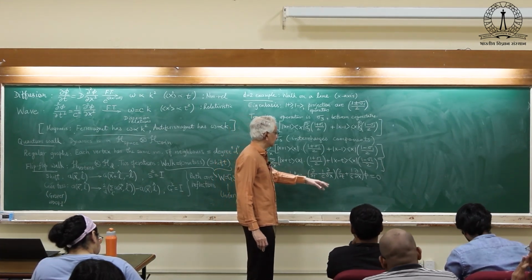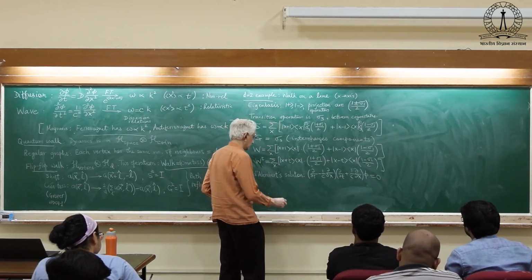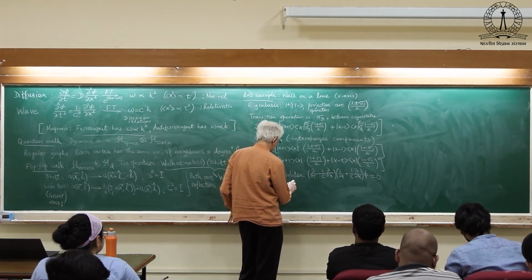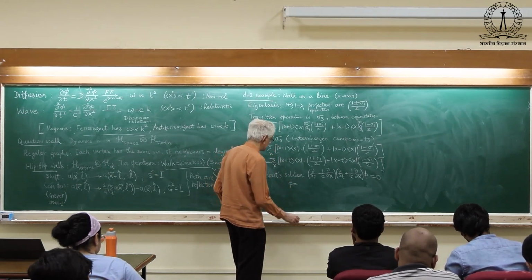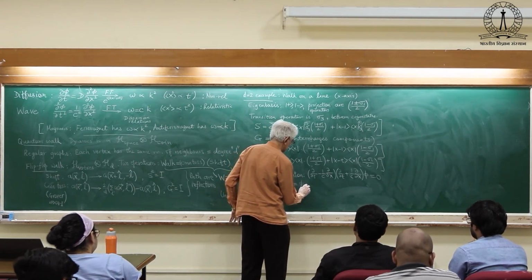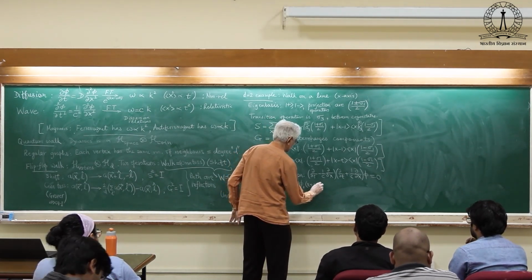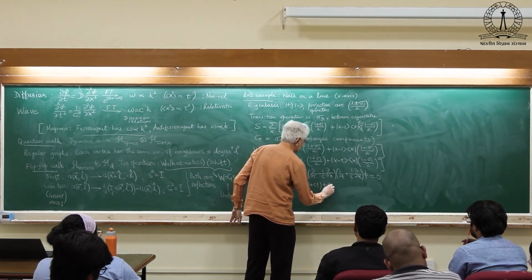So what is the most general solution? D'Alembert wrote it down: phi is equal to the solution of those two factors.